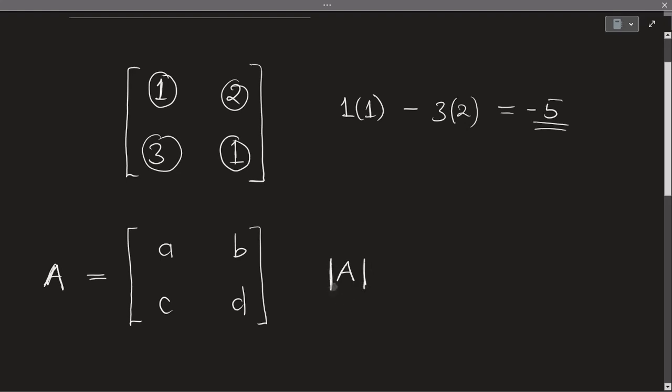So we've got 2 vertical bars, a letter, which is the matrix that we've been given. This will be equal to A multiplied by D minus B, C. So whenever I want to find the determinant of a matrix, we can remember this simple formula. If you know a bit more about matrices, you could think of it as multiplying the 2 numbers that are in the major diagonal and then subtracting off the product of the remaining diagonal.